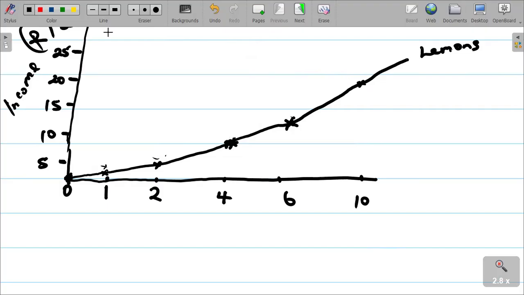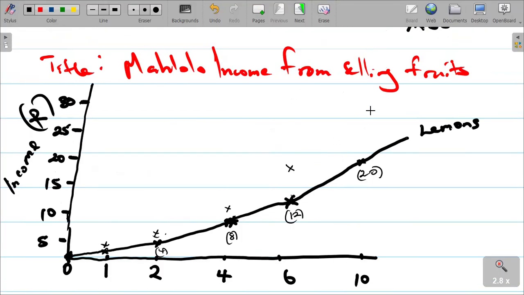These values need to be 4, 8, 12, 20 for lemons, and for apples 1 is 3 rand, 2 is 6 rand, 4 times 3 is 12 rand, 6 times 3 is 18 rand, and 10 times 3 is 30 rand.